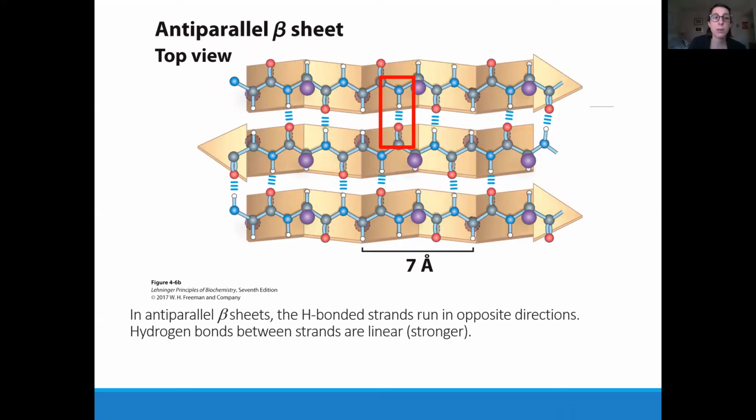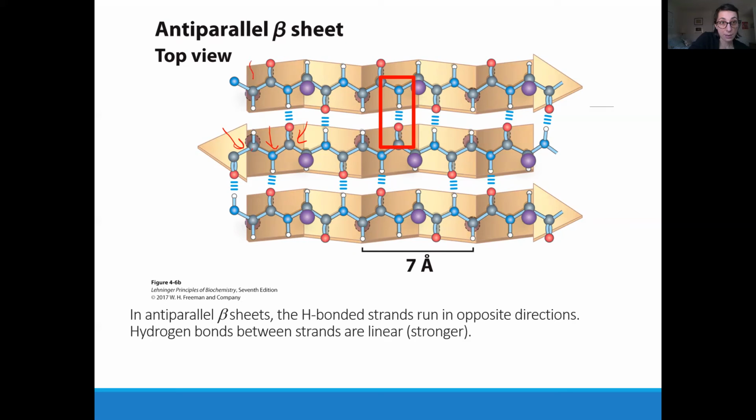So here's an anti-parallel beta sheet. You can see, for example, that this beta strand is in an opposite direction as the beta strand above it. Here we have a carbonyl of one group and an amide of another group. I misspoke, excuse me. This is an alpha carbon of one group, this is an amide of one group, and this is a carbonyl of one group.